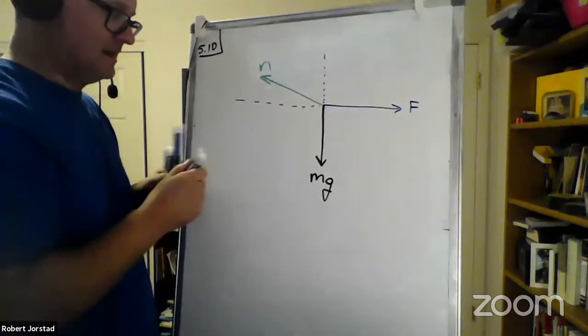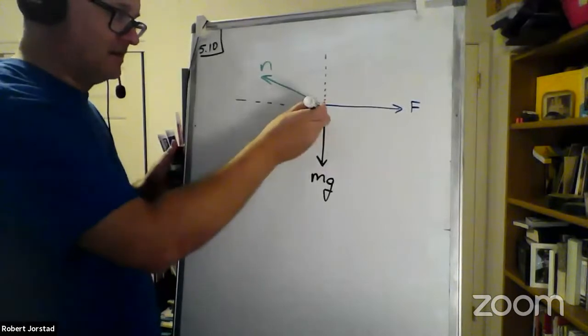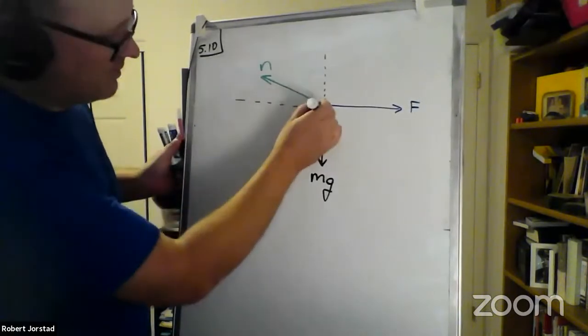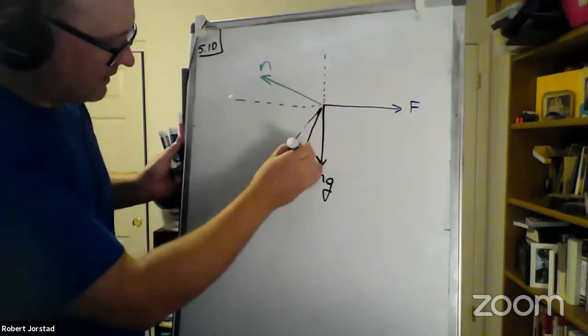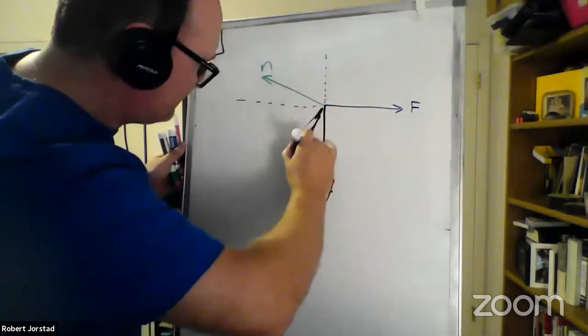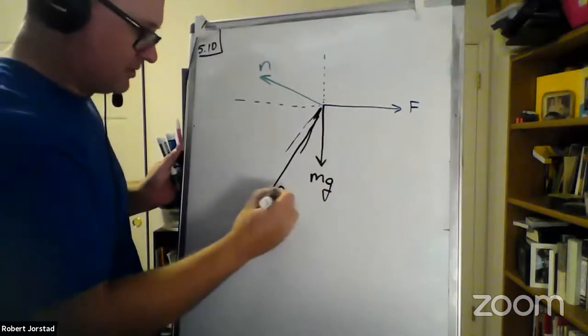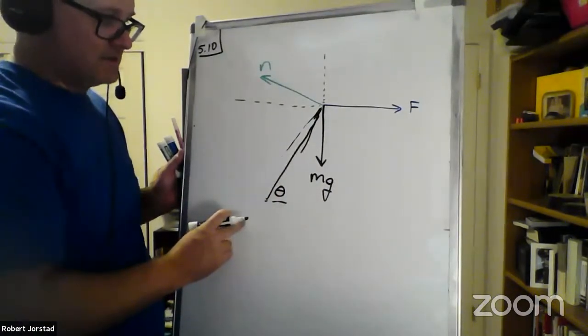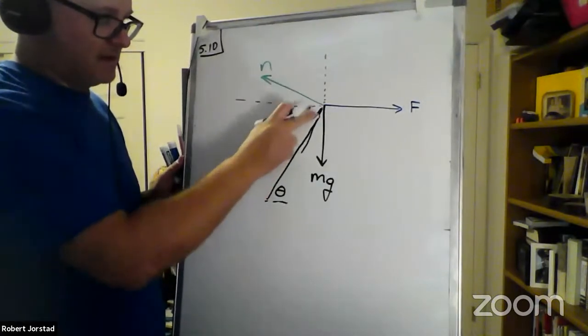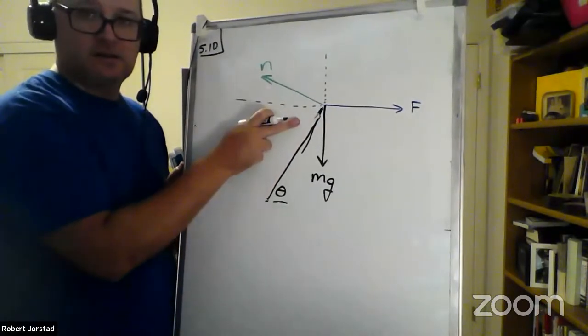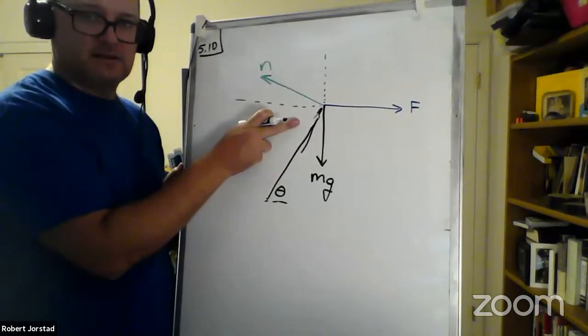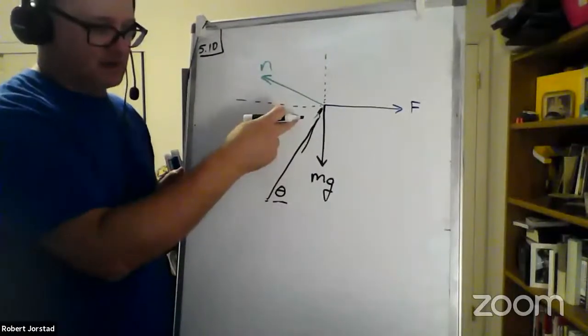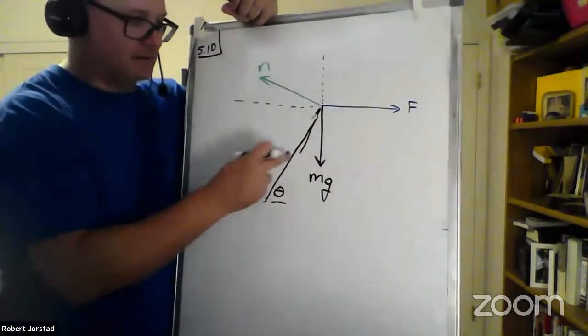Now, keep in mind, down here this angle was theta, right? So this angle up here is what? Is this theta or 90 minus theta? Wait, you said it wrong.